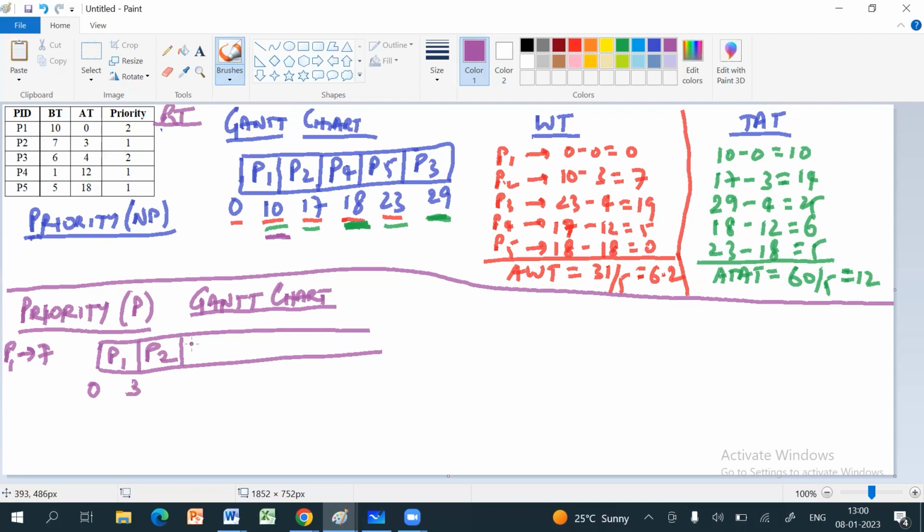Right? Now P2 was supposed to execute for its burst time of 7, that is till 10, but then suddenly there's an interrupt at 4, that is P3 has also arrived now. Right? Now obviously we need to compare the priority of that process also. P2 was executing with a priority 1.